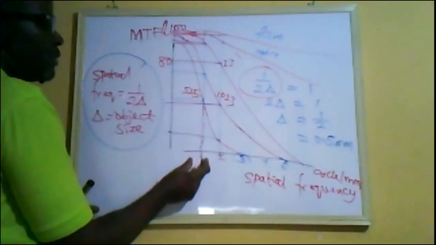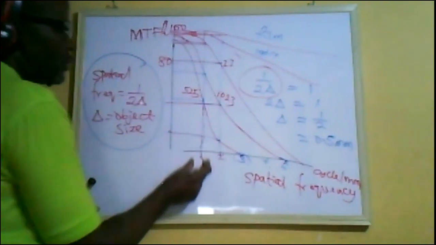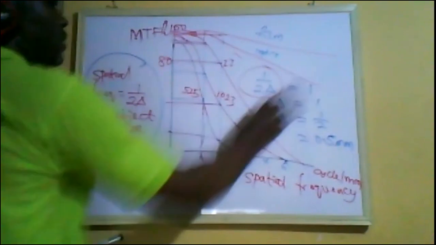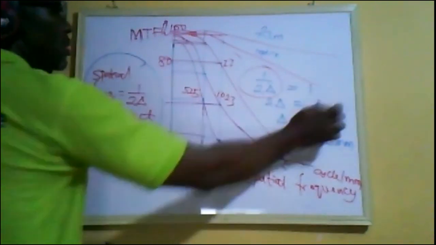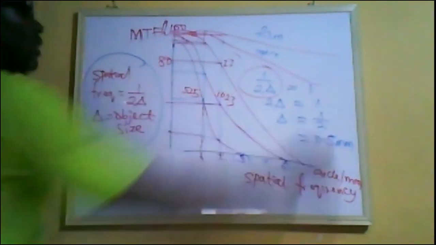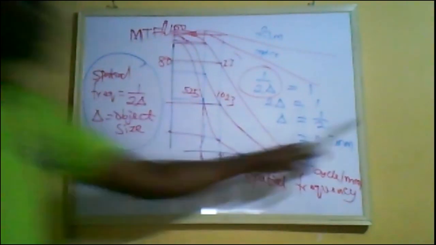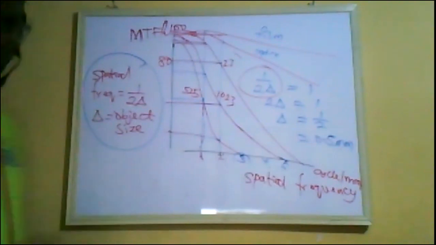If the spatial frequency is 1, we have 1 over 2, and then we have 0.5 millimeter. So 0.5 millimeter is the thickness or the dimension of the body.